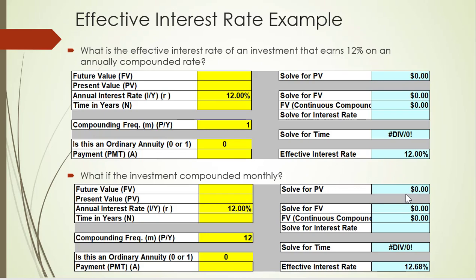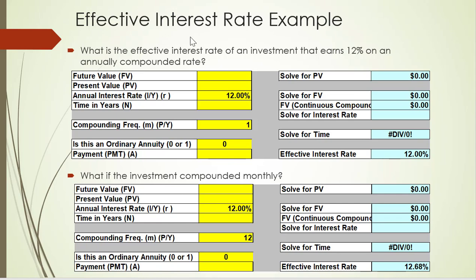Now the next discussion point reverts a little bit back to this compound frequency information. So why is this all that important? Well, the effective interest rate is the actual interest rate that you earn when you invest.